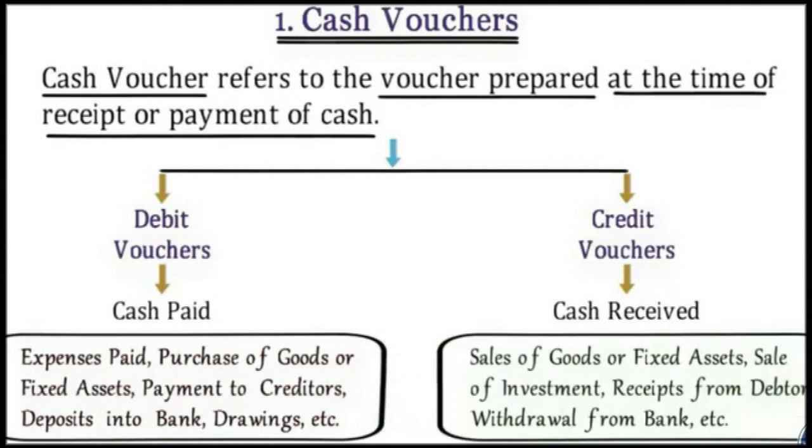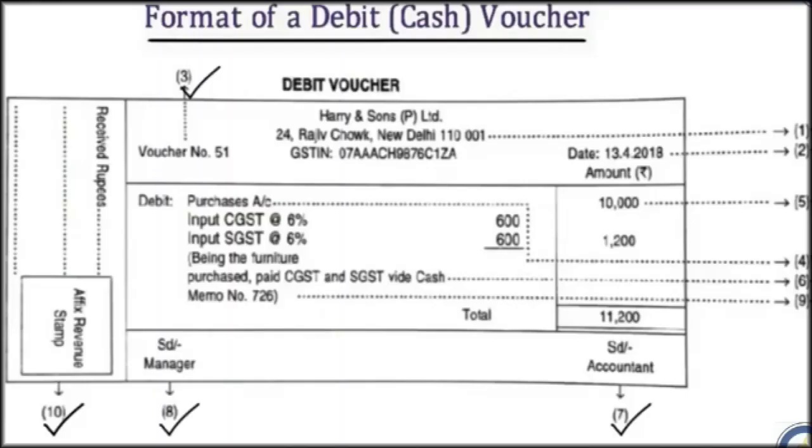Now we can see the format of a debit voucher. The first information given in this voucher is the name, address and GST number of the organization. The second is the date of preparing the voucher. The third is the accounting voucher number.